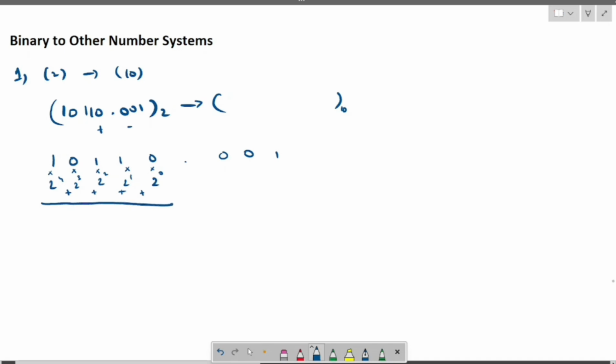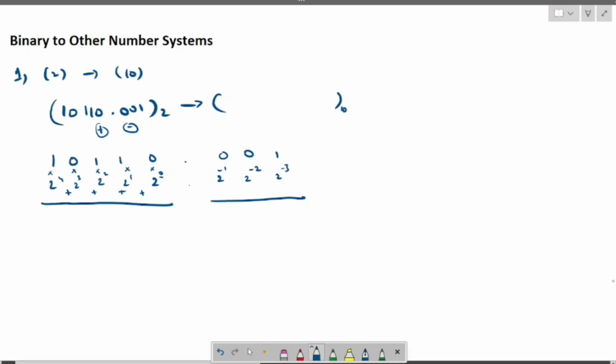Now same way here we need to use positive powers, I said, right? Here we need to use negative powers. After the decimal you need to use negative powers, like 2 power minus 1. Here already the 0 we got, so don't use 0, directly minus 1, minus 2, minus 3.